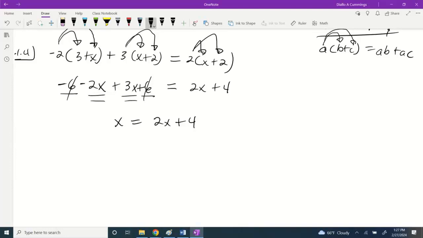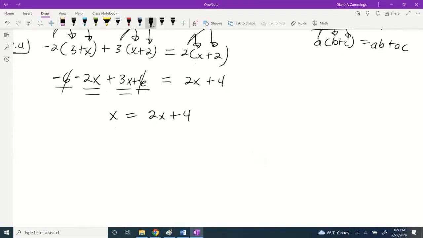So for this one, since I have an x on the left-hand side and a 2x on the right-hand side, I could do one of 2 things. I could either transpose x, right? I can move it to the right-hand side, or I can transpose 2x.